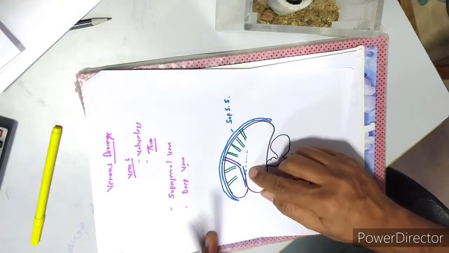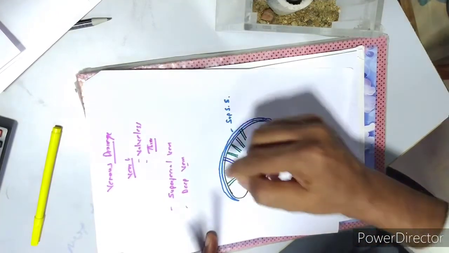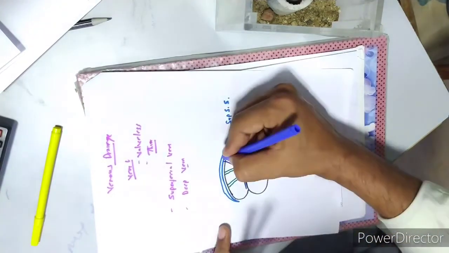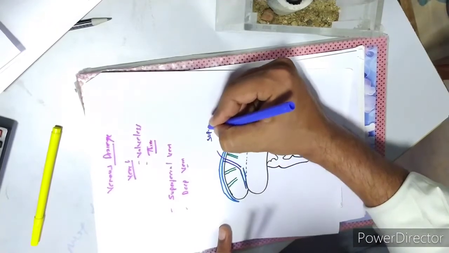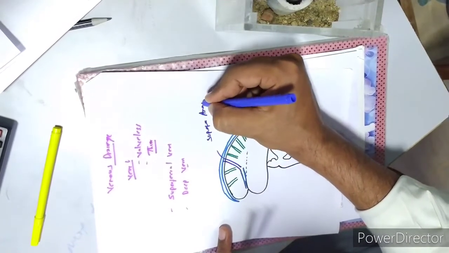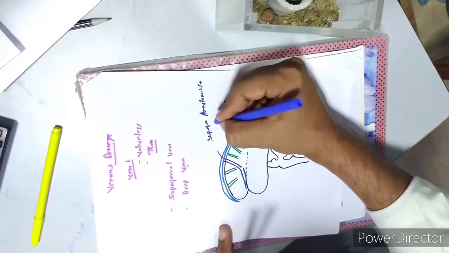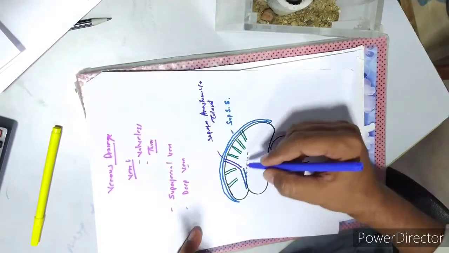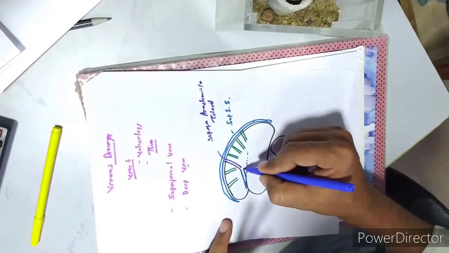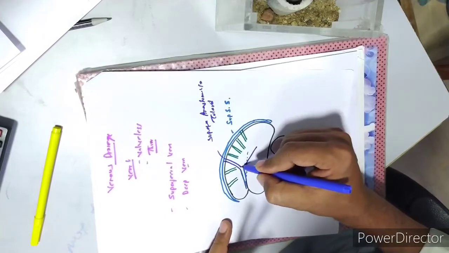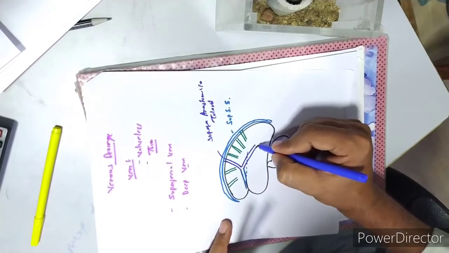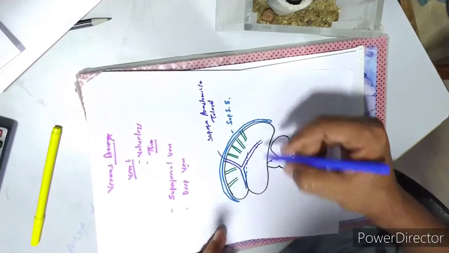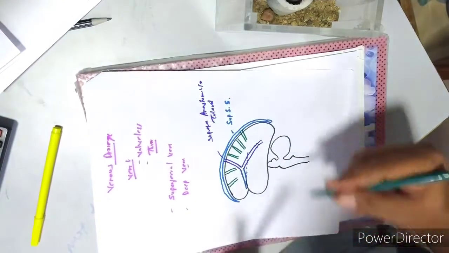So this superficial middle cerebral vein is connected at one end to the superior sagittal sinus through the superior anastomotic vein of Trolard. Inferiorly it communicates with the inferior anastomotic vein of Labbé, which connects with the transverse sinus here. Okay, this is the transverse sinus here.